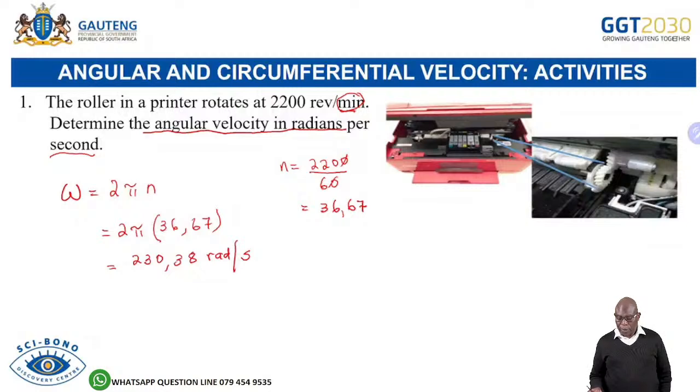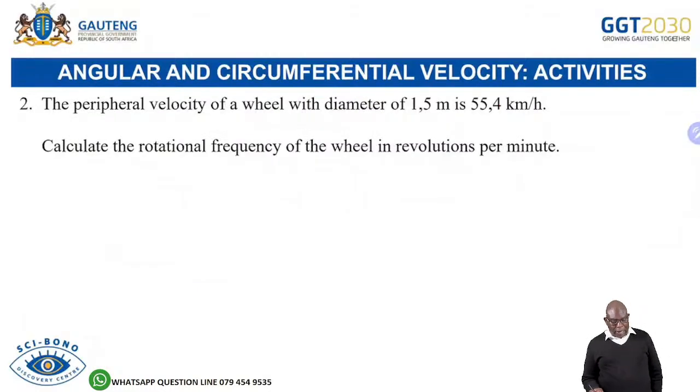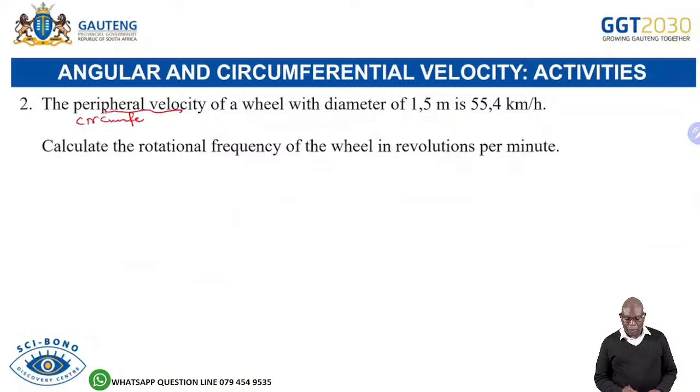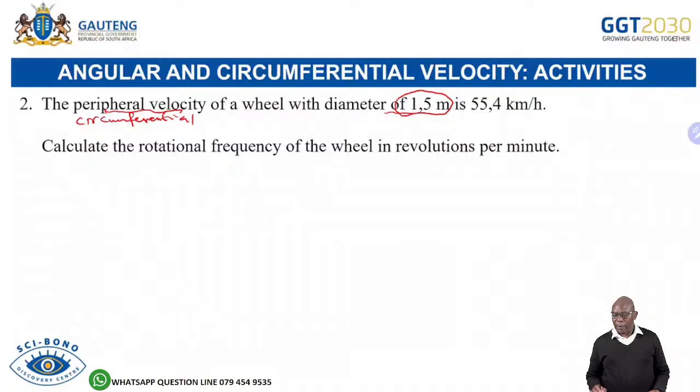Okay. Question number 2. Now it says the peripheral velocity. We said this word is the same as the circumferential velocity. So the circumferential velocity of a wheel, diameter given in meters, is 1.5.